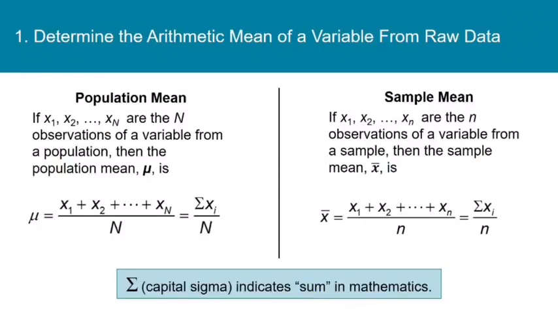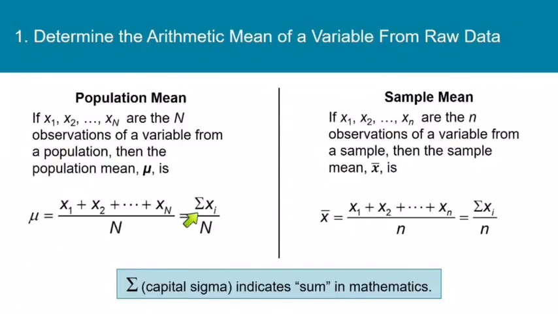And this is not just in statistics. In all of math and science, the capital sigma stands for sum. When I taught high school, my high school students used to call this capital sigma that E thingy, but it's not an E thingy. It's actually similar to our capital letter S. So it's the Greek letter sigma, and S for sigma, S for sum.